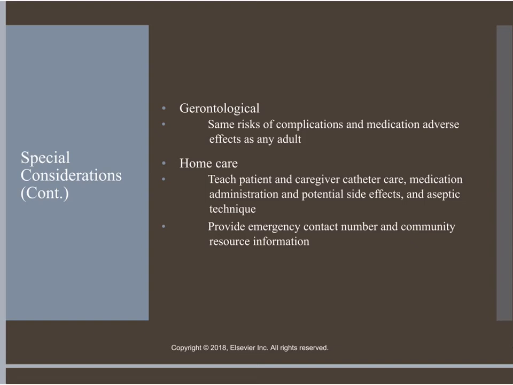In the elderly population, older adults are at the same risk for complications and medication adverse effects as other adult patients. For patients in home care, patients needing long-term therapy are discharged with a tunneled catheter. Before considering catheter placement and care in the home, assess the patient's fine motor skills, cognitive ability, and stage of disease and prognosis, as well as the degree of involvement of the family caregiver.